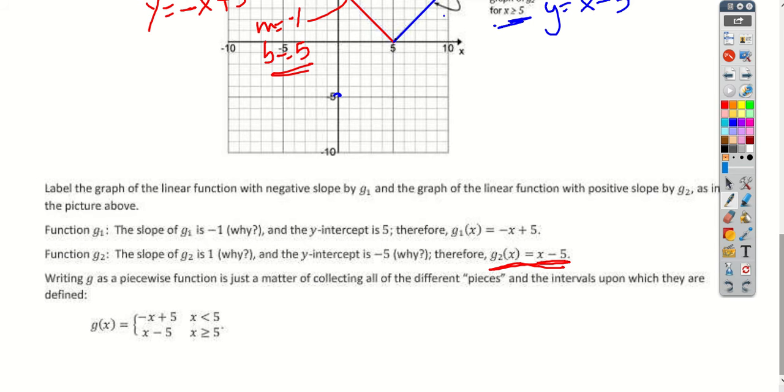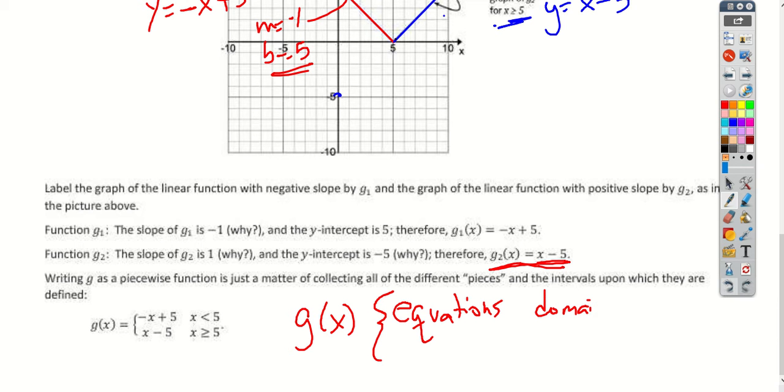We're going to say g of x, which is the whole graph, and then we're going to put this brace down. So it's defining different functions depending on what the domain is. The first thing I'm going to do is write my equation, then put a space, and then put my domain.